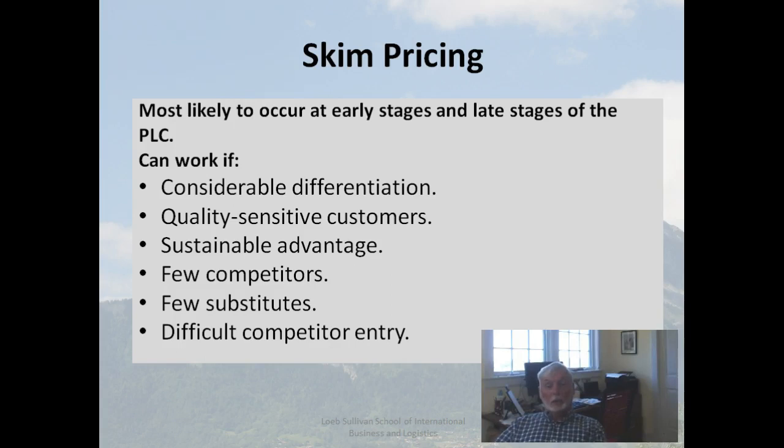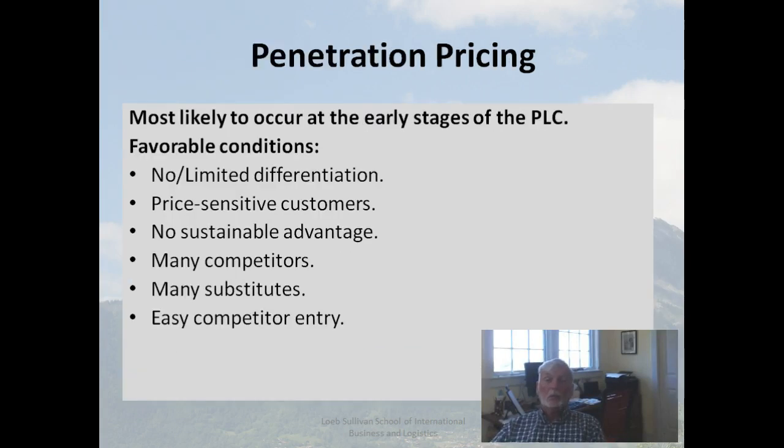The same company used penetration pricing when they introduced the iPad. They priced it low enough that other companies couldn't produce the product at the price that Apple was selling for. I think the first iPad came out at $599, I believe. No other companies could come close to producing a pad product for $599.